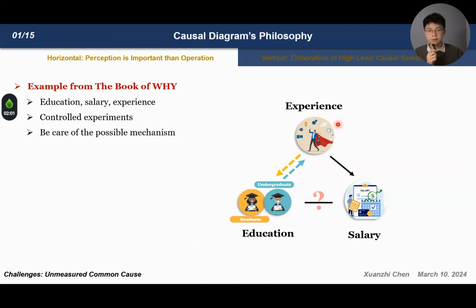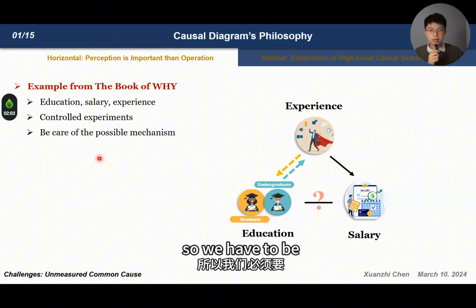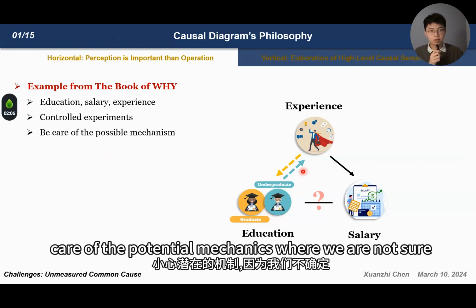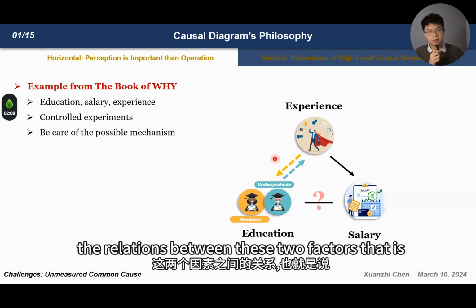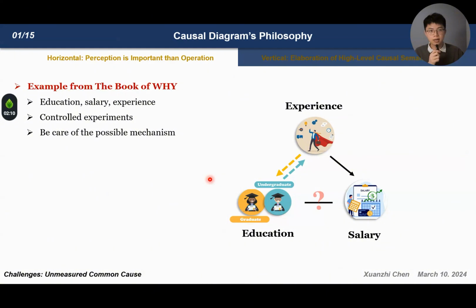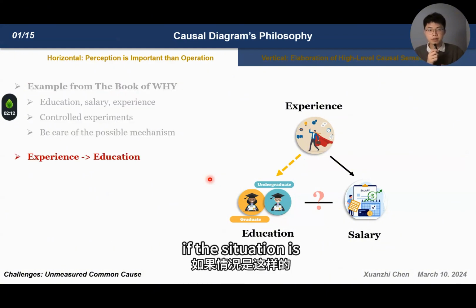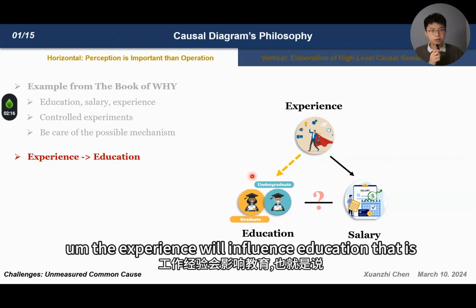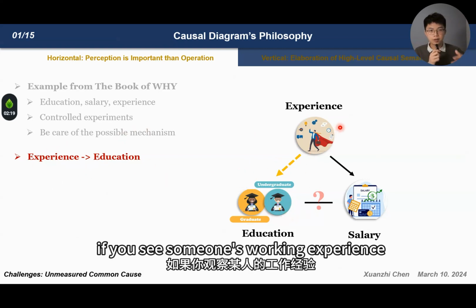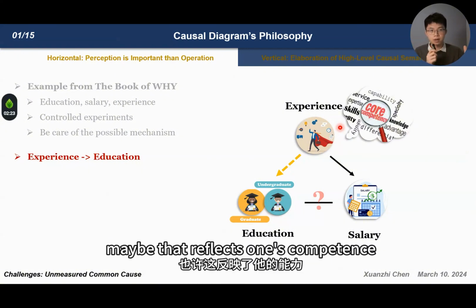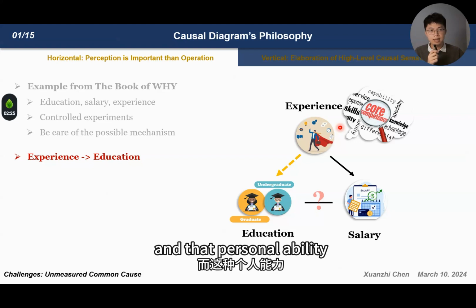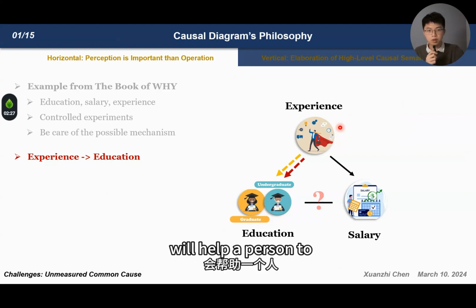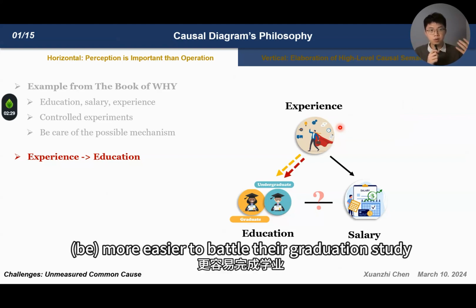Okay, let's move on. We have to be clear of the potential mechanism. We are not sure about the relations between these two factors. Let's break it down. If the situation is that experience will influence education, that is, if you see someone's working experience, maybe that reflects one's competence, and that personal ability will help a person to more easily finish their graduate study.